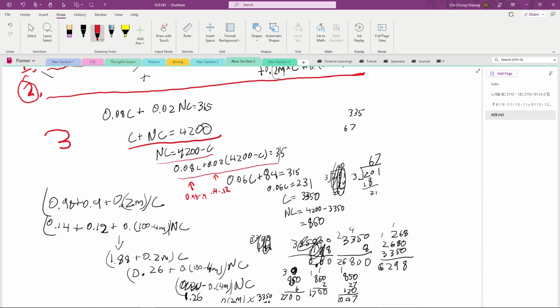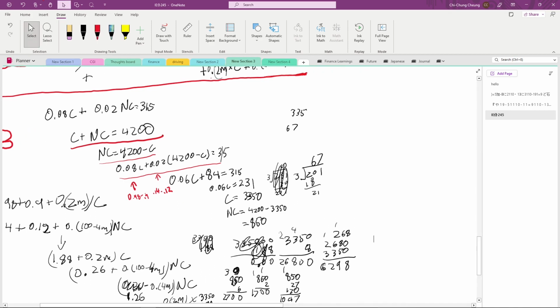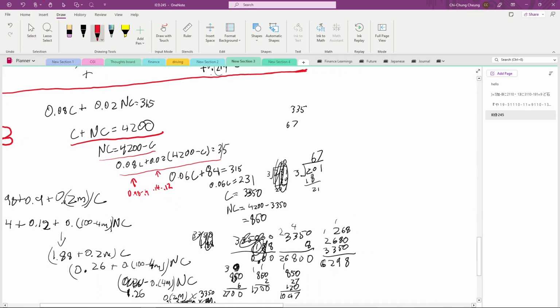And then 0.02 times 4,200 is 84. Why is that? Because that's simply 4,200 times 2 divided by 100, which equals 42 times 2, which equals 84.